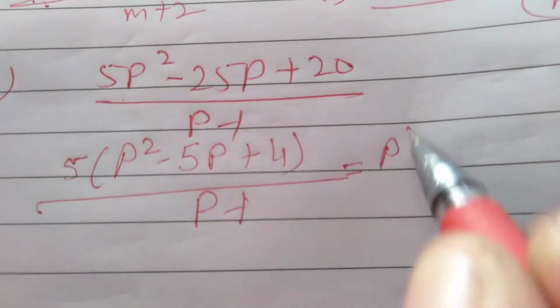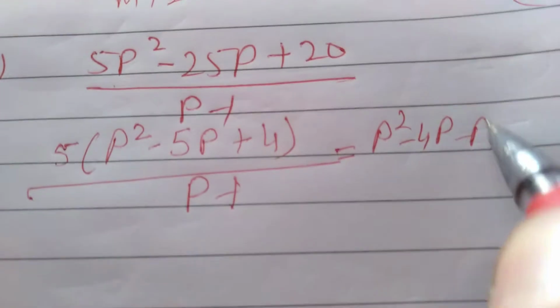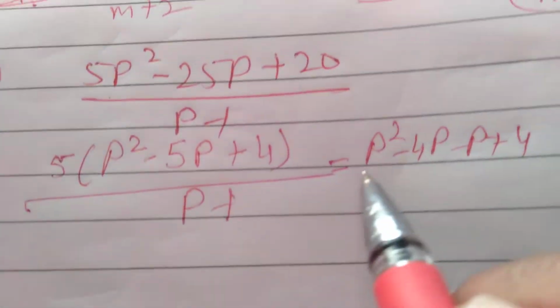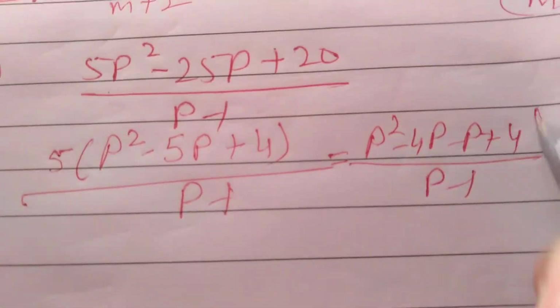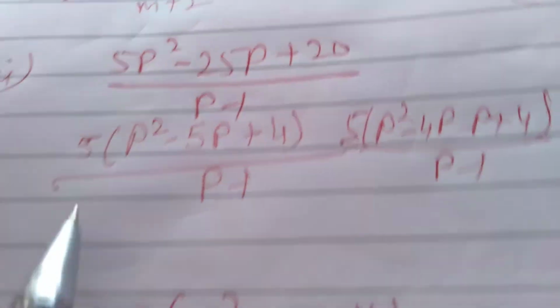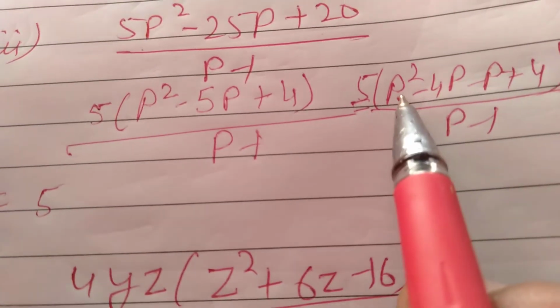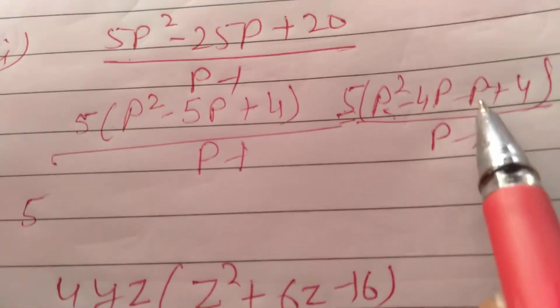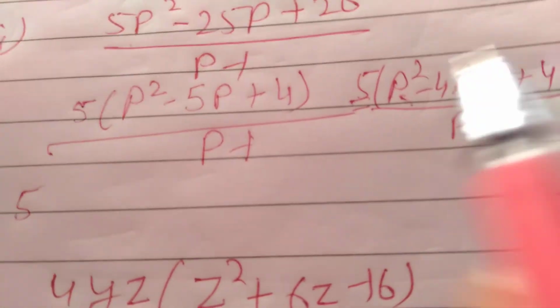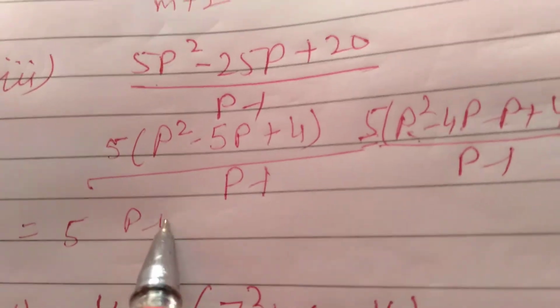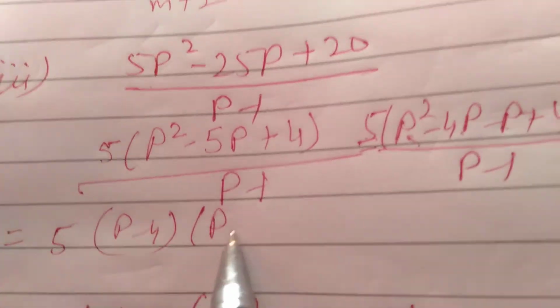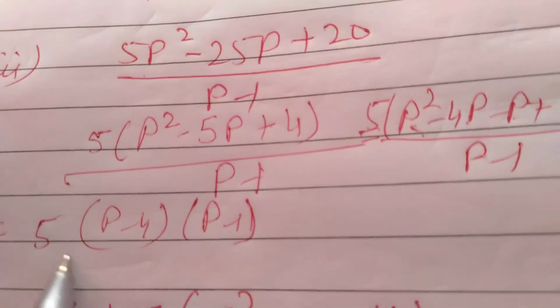So you will write p square minus 4p minus p plus 4 divided by p minus 1, and 5 was common, you will write it with this, and 5 into, you can see p will be common, then p minus 4 will remain, minus 1 will be common, then p minus 4 will remain. So p minus 4 will be common throughout and p minus 1 will remain in the bracket.